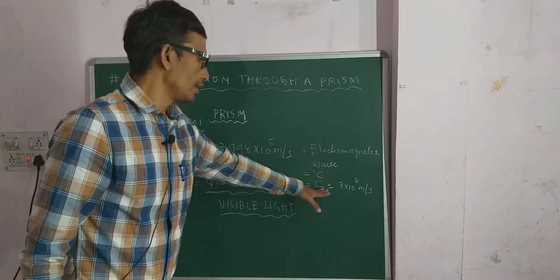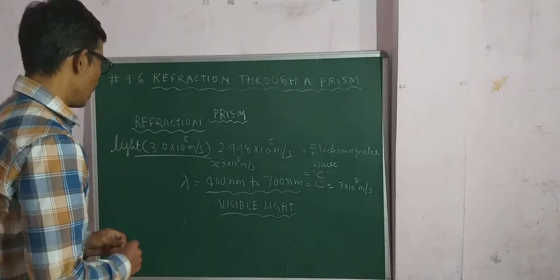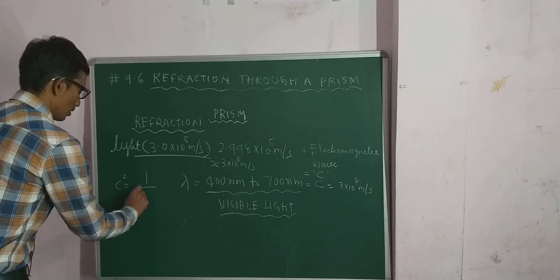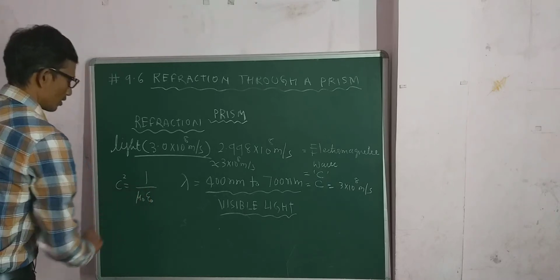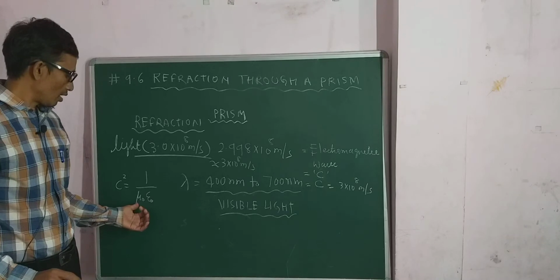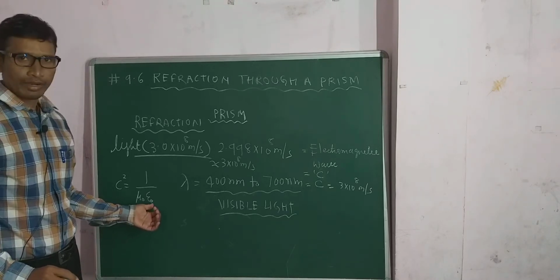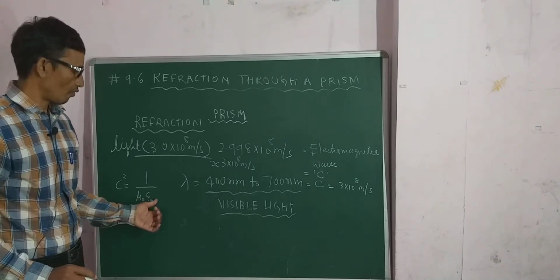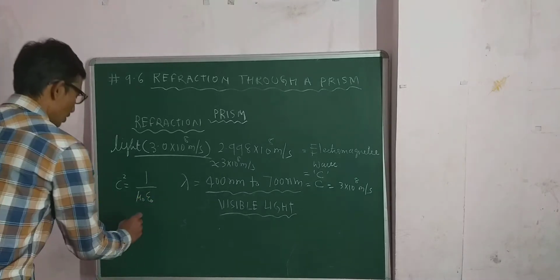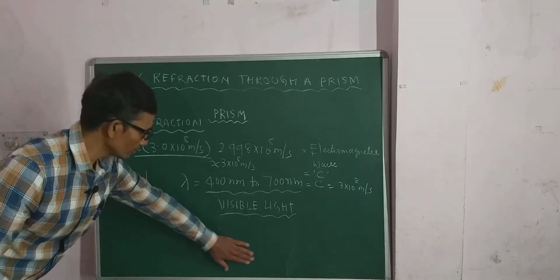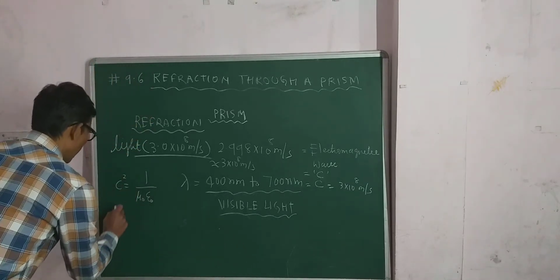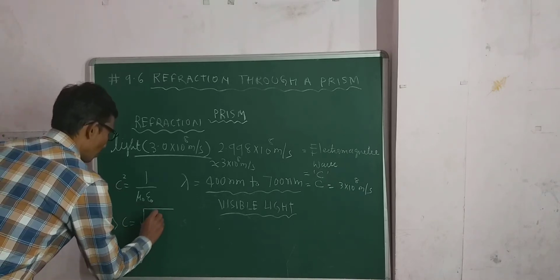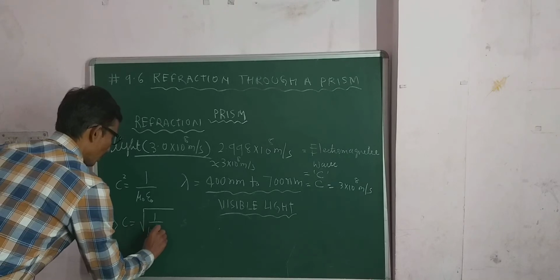This light comes from an equation like this: C squared equals 1 by mu naught epsilon naught, where mu naught is the permeability of free space and epsilon naught is the permittivity of free space. So C equals root under 1 upon mu naught epsilon naught.